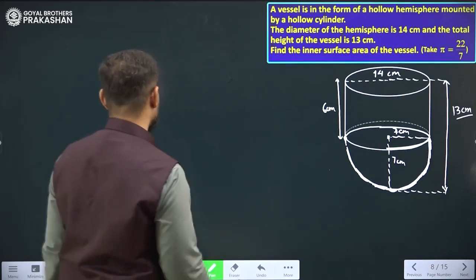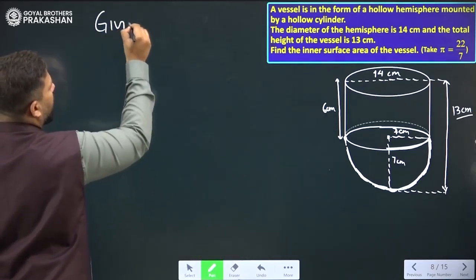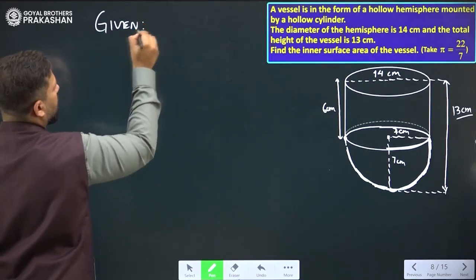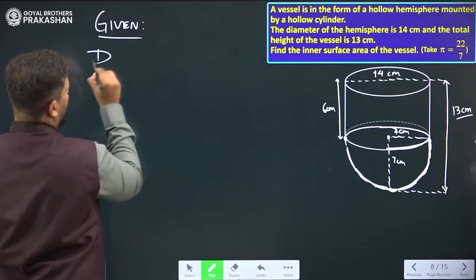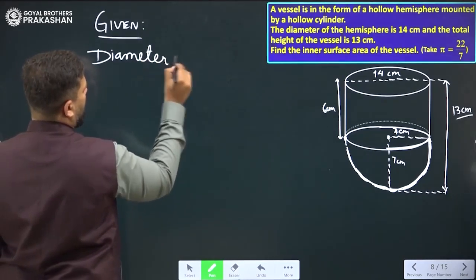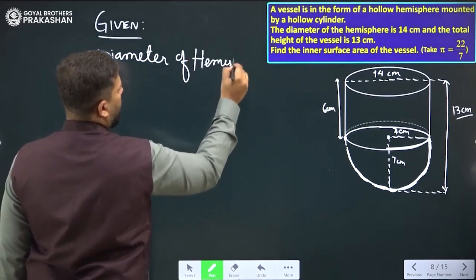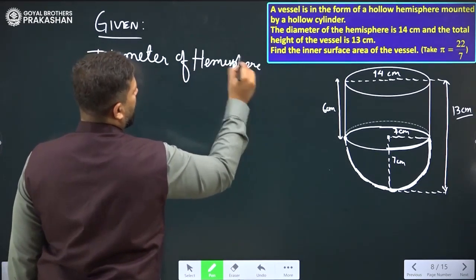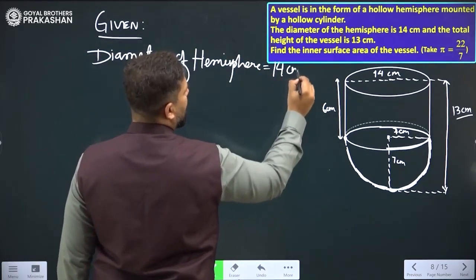Let us write it as well. If we write what is given to us, we will first start with the diameter of hemisphere. What is the diameter of hemisphere? It is given as 14 centimeter.